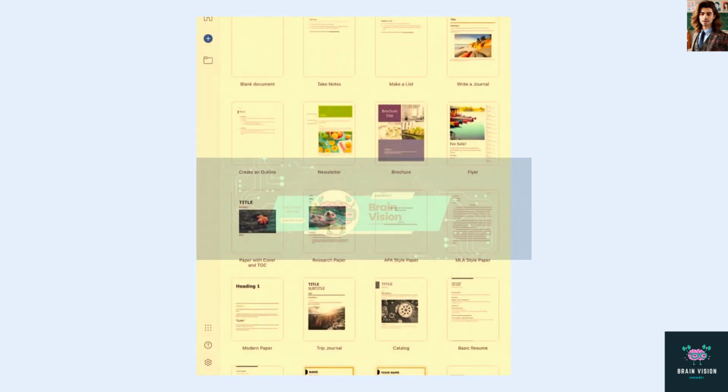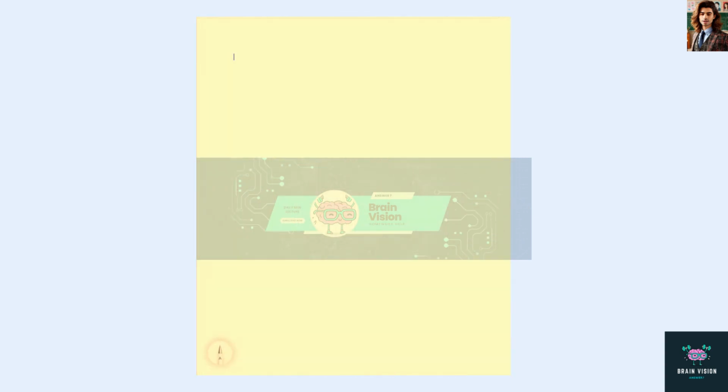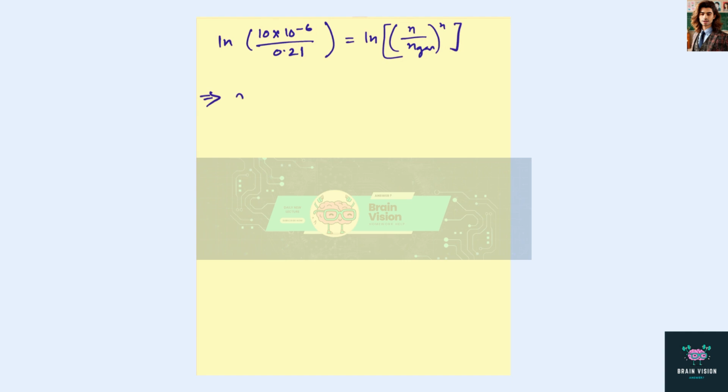Let's do that. Therefore ln of 10 multiplied by 10 to the power minus 6 divided by 0.21 equal to n ln of number of moles divided by number of moles of gas. Let's solve this equation.